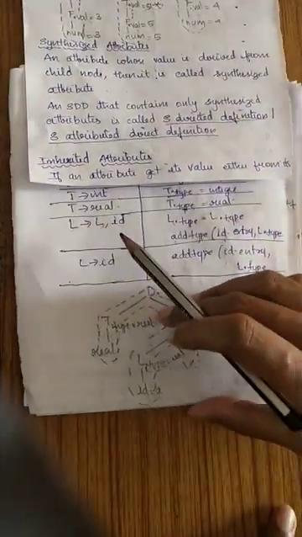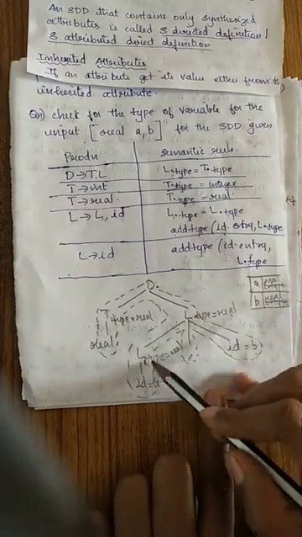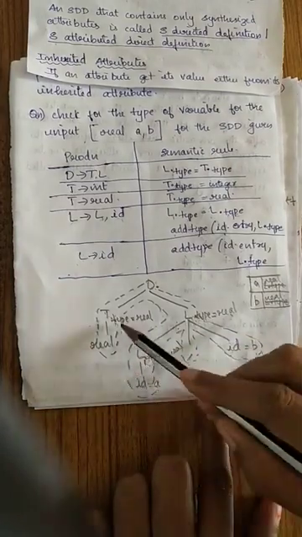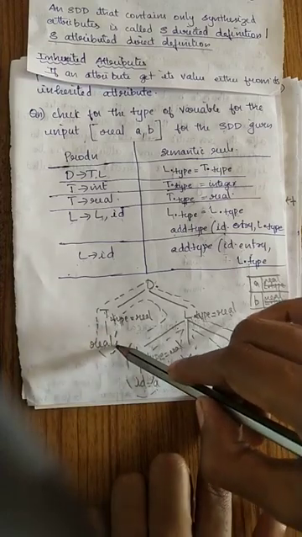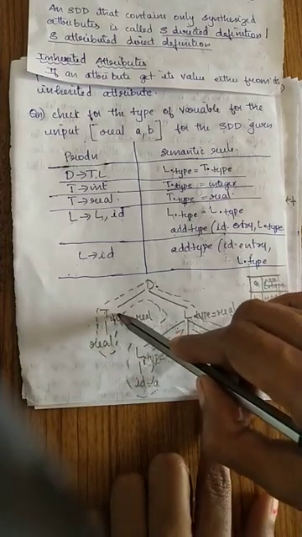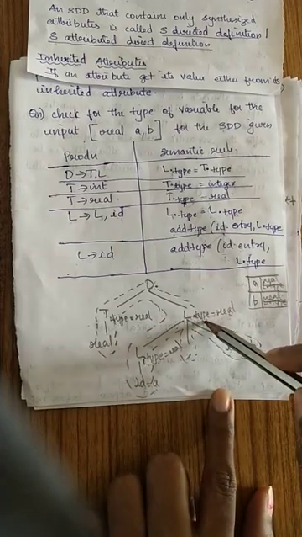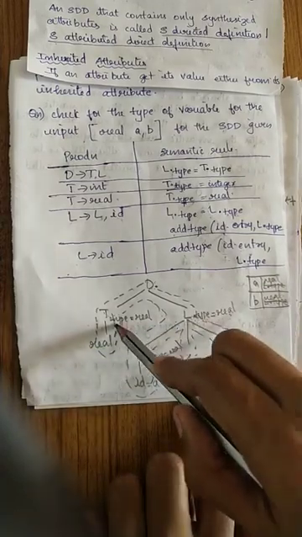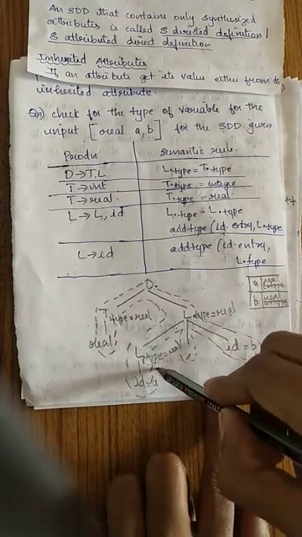Now coming to this example, here you can see that this type gets its value from here. But this type attribute gets its value from its sibling T dot type, not from its child.